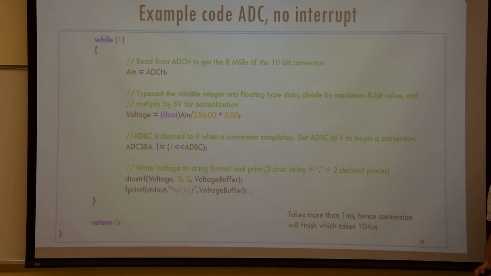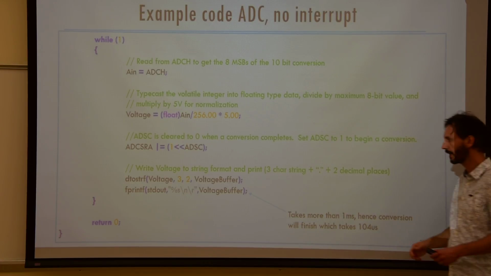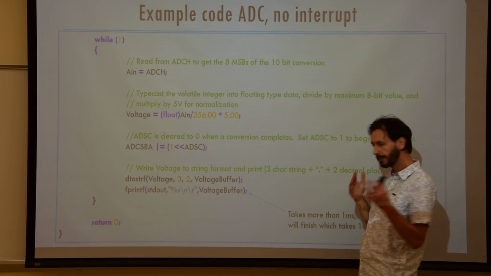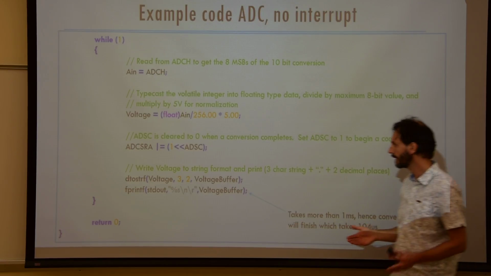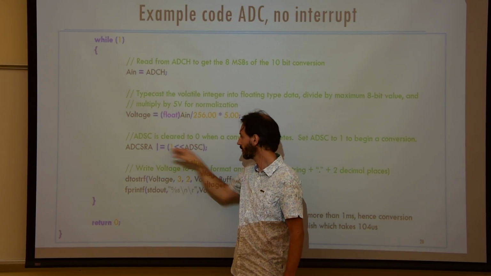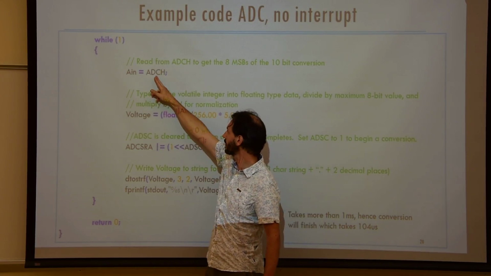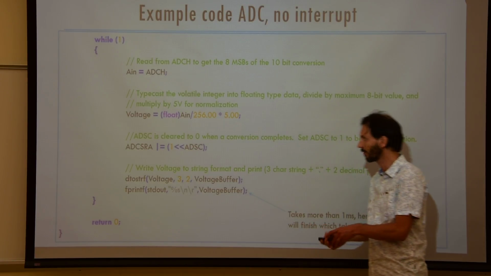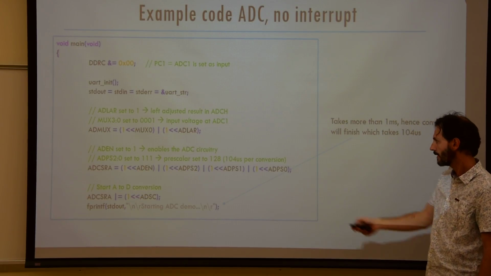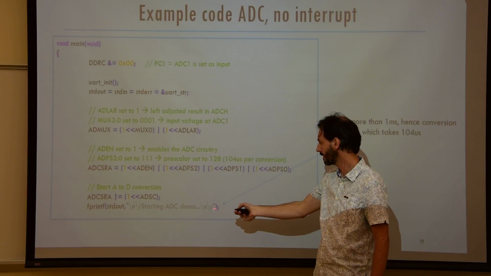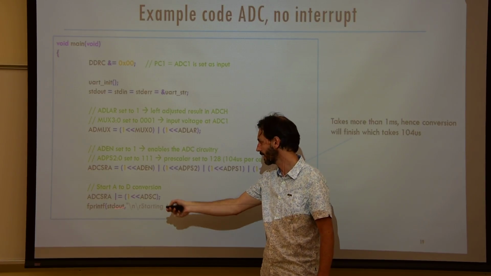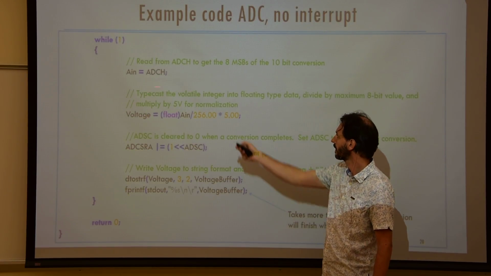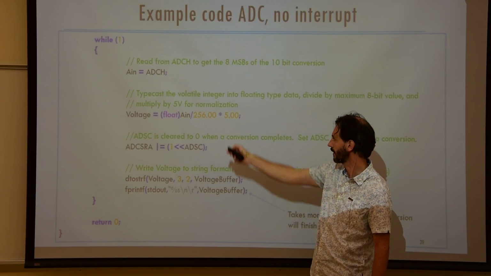So actually you need to be very careful. You need to make sure that there is some delay between starting the conversion and then reading the ADCH register. So in our program right now, we effectively forced a print statement between starting and then reading the register.